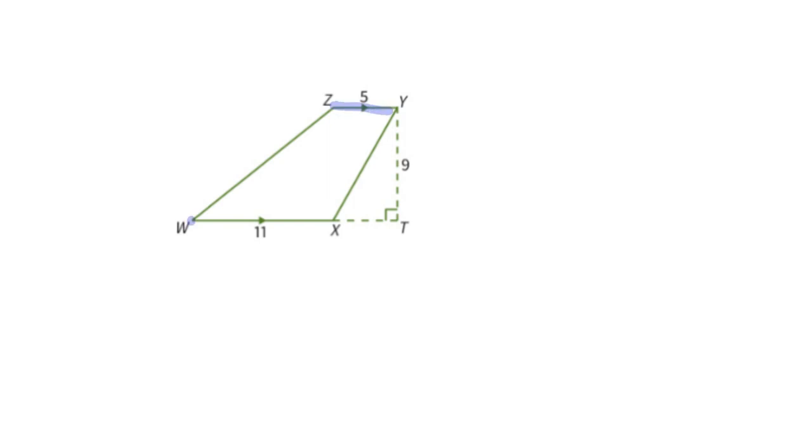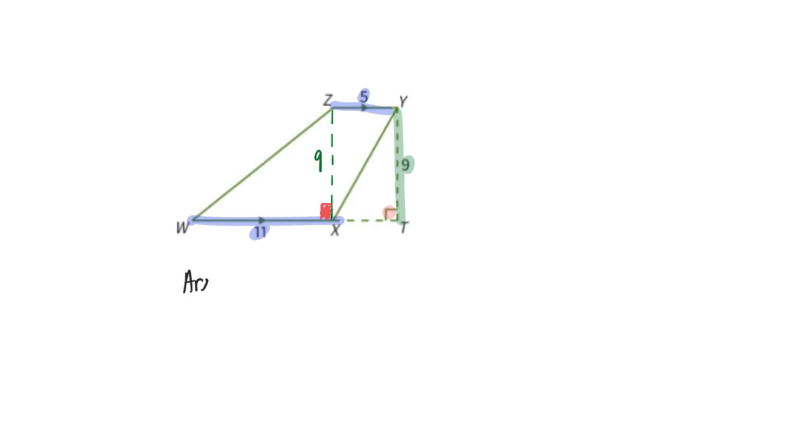Again, I have successfully identified the parallel sides. The height, though, do be careful. In this case, it's 9 because it is 90 degrees to the parallel sides. And if I were to shift the height in, then it is very obvious to you that this 9 is indeed the height.